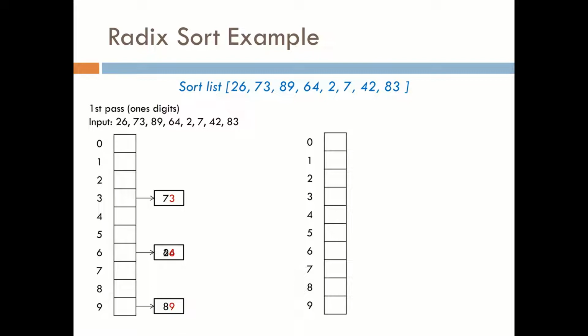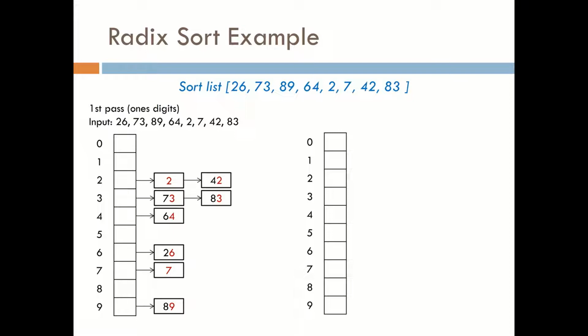The 64 would go in 4. The 2 would go in bucket 2. The 7 would go in bucket number 7. And finally, the 42, the ones digit there is a 2, so that gets added to the linked list, which already has 2 in it. And finally, the 83 gets added to the linked list that already has 73.